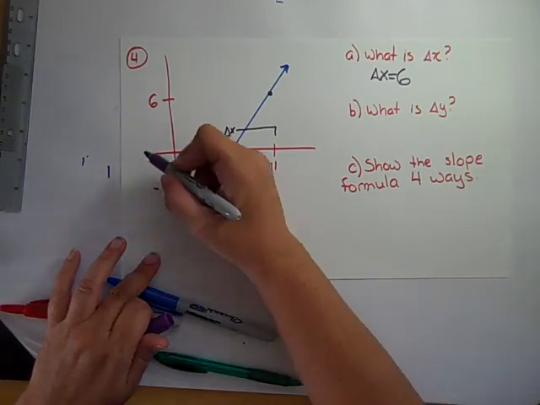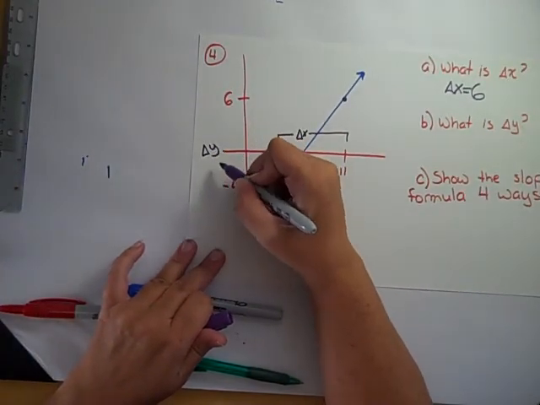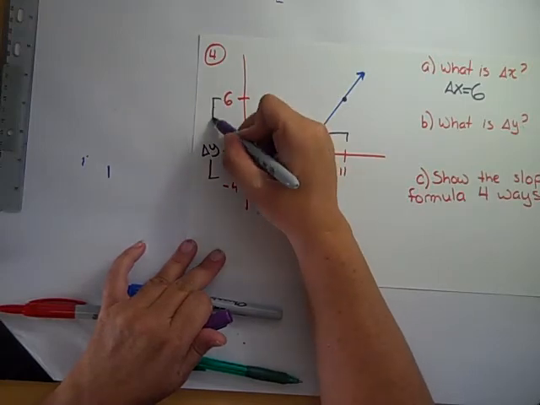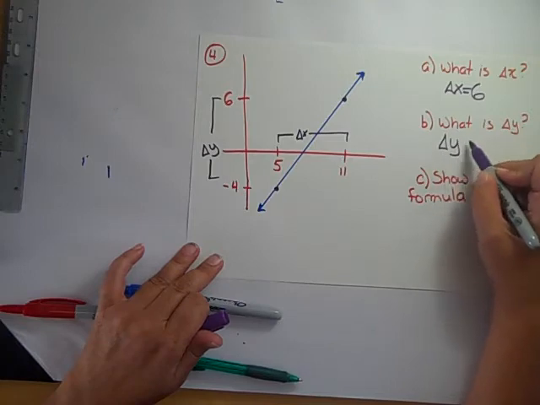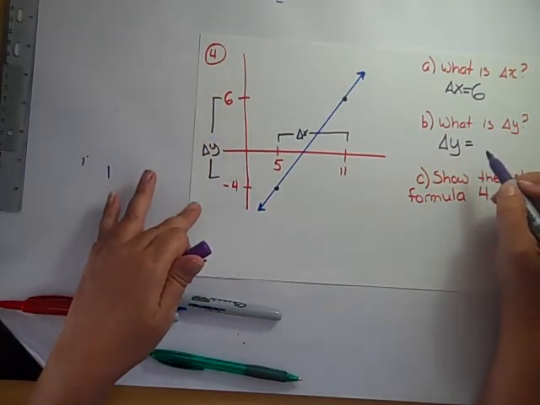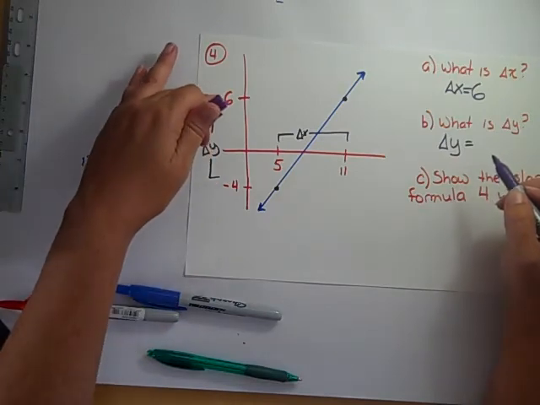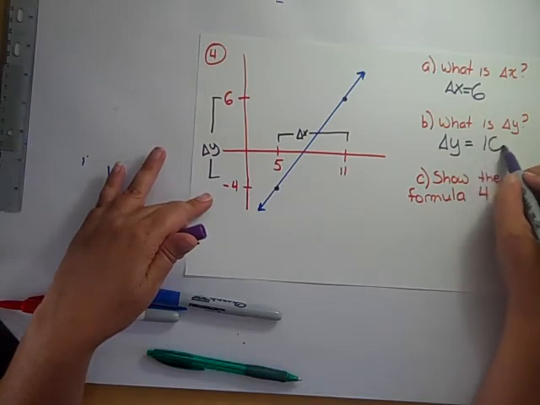What is delta y? I might ask you to label that on a graph. Delta y is the change in y. In this case, how much is this changing? And you can do the math if you want, but if you're going from -4 to +6, isn't y changing by 10?